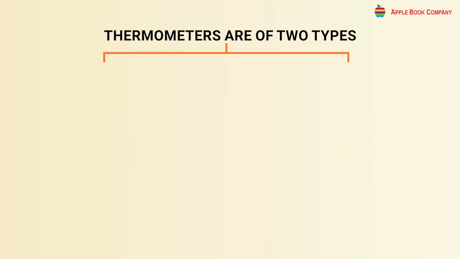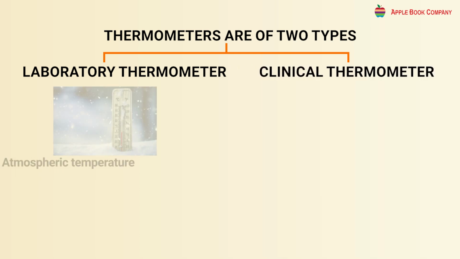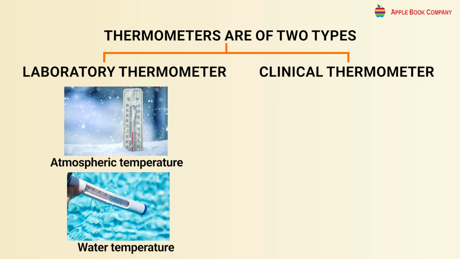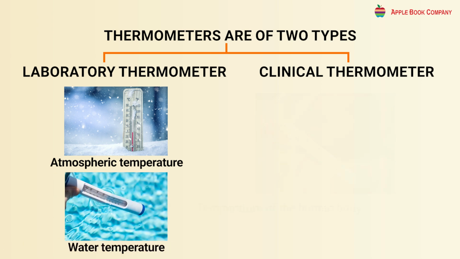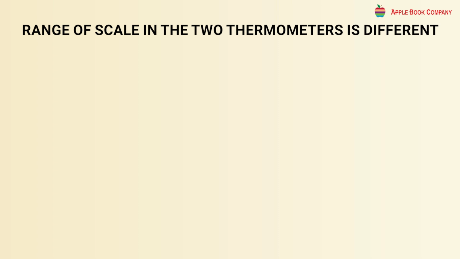Thermometers are of two types: laboratory thermometer and clinical thermometer. A laboratory thermometer is used to measure atmospheric temperature, water temperature, etc. A clinical thermometer is used to measure the temperature of the human body. The range of scale in the two thermometers is different.